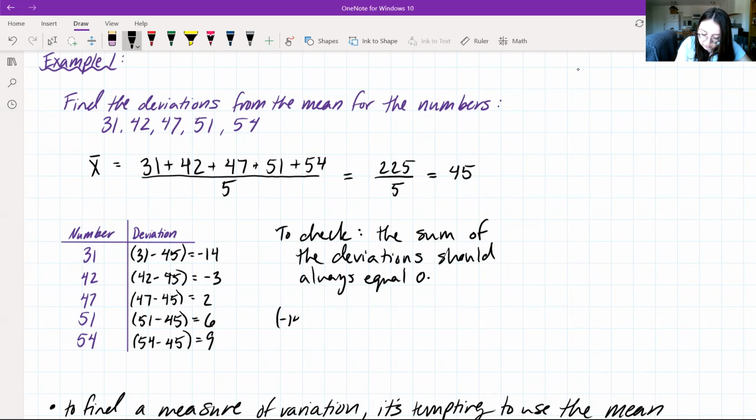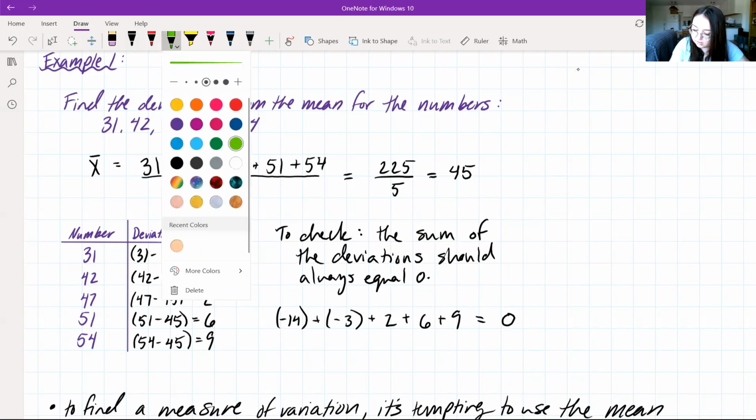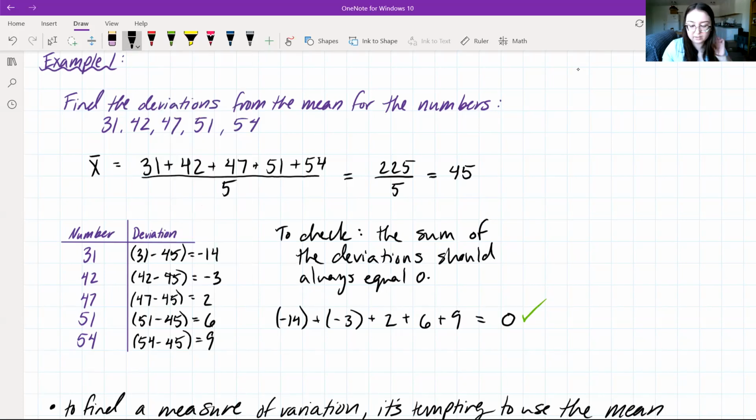We take negative 14 plus negative 3 plus 2 plus 6 plus 9, and when we add all these values up, we get 0. So we know that this is correct. All right, so that's how we find our deviations from our mean, and this is going to be a key factor in finding our variance and our standard deviations.